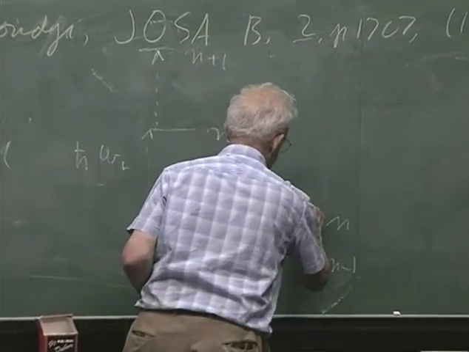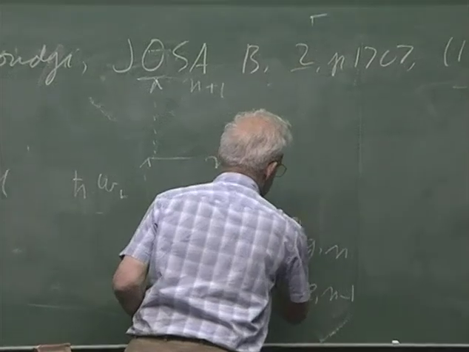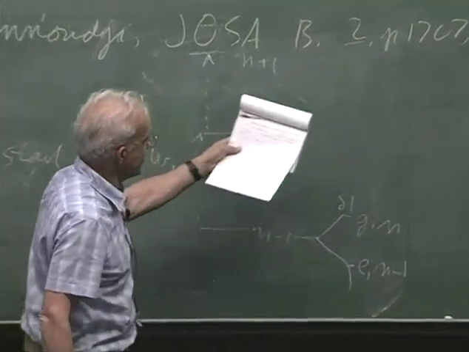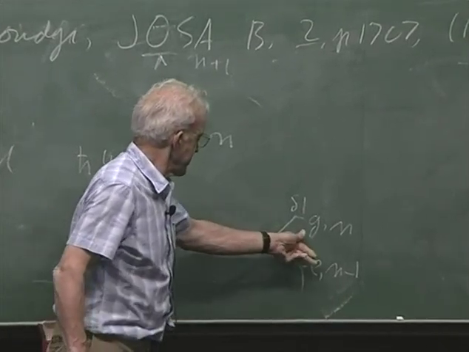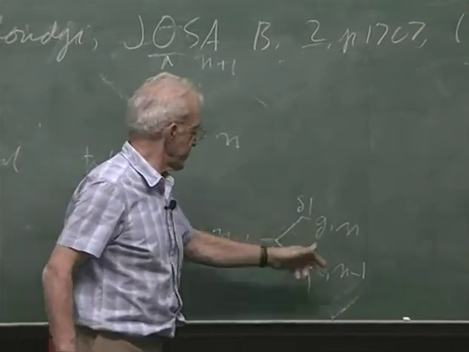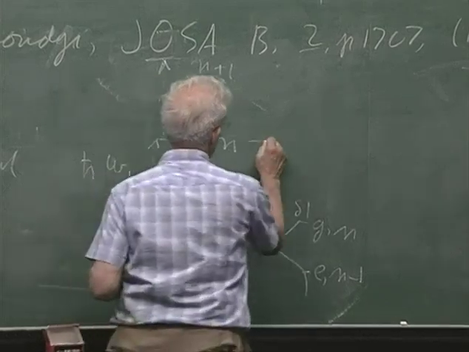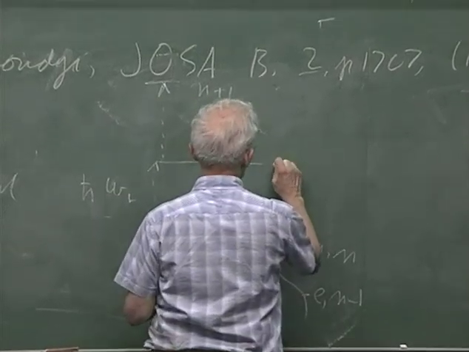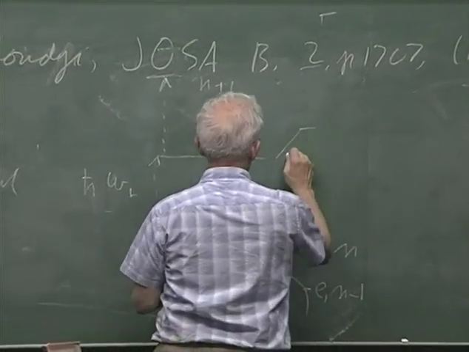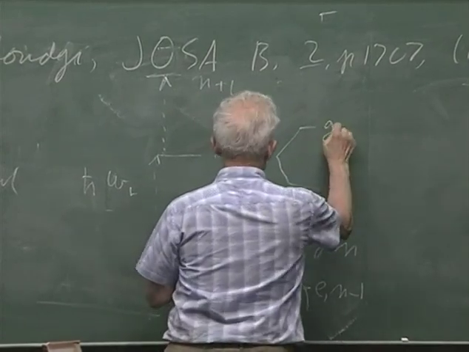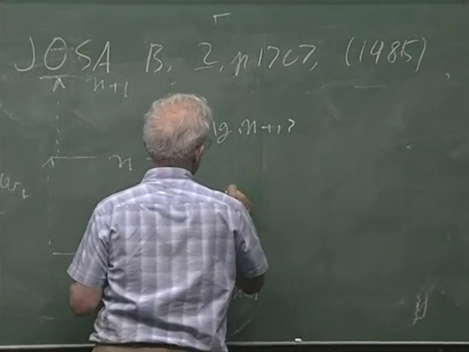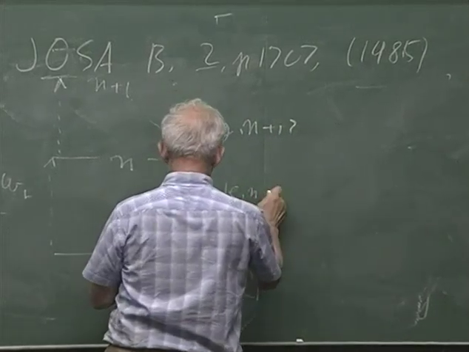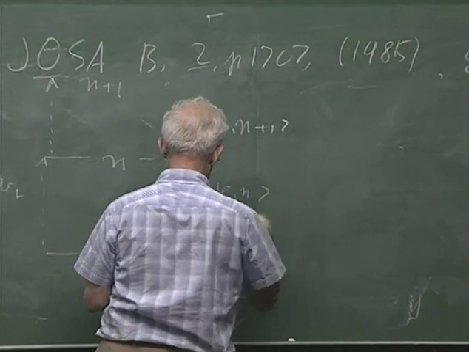And the splitting that we have over here is just the difference in frequency of the laser. If the laser were exactly on resonance, these would be degenerate with each other, but it's a bit off resonance. And similarly, over here, we're going to have levels. This is going to be the ground state and n plus 1 photons, and this is the excited state and n photons over here.